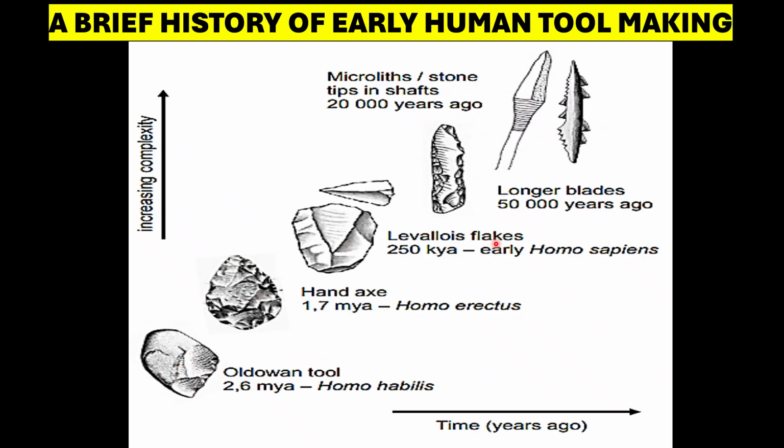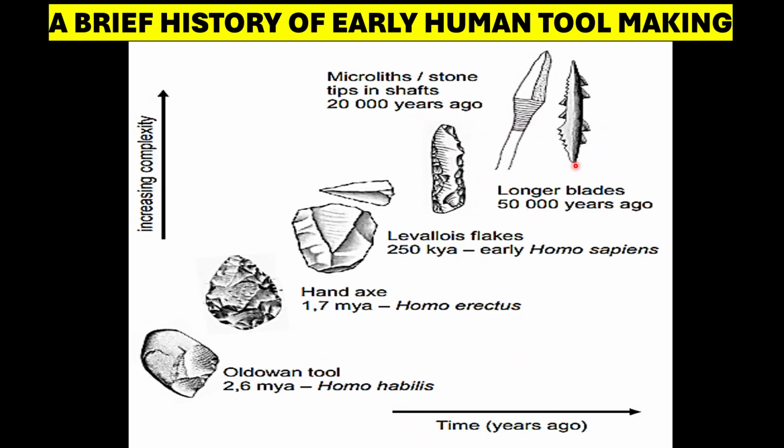But as you move forward, you discover that Homo sapiens, we human beings, have invented better tools. Our tools became much better as time went on, some 250,000 years ago. But then around 50,000 years ago, our tools became very, very well developed, or very complicated. And for you to invent such a tool, you must have a larger cranium.